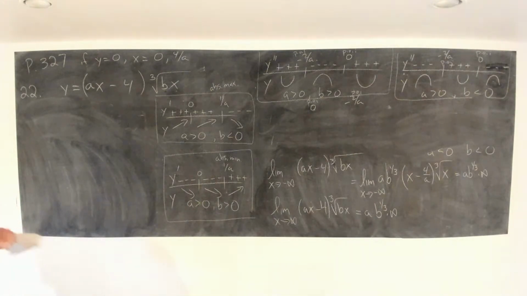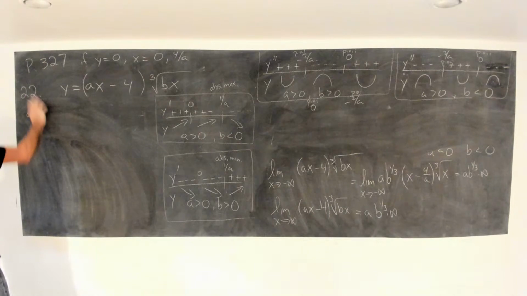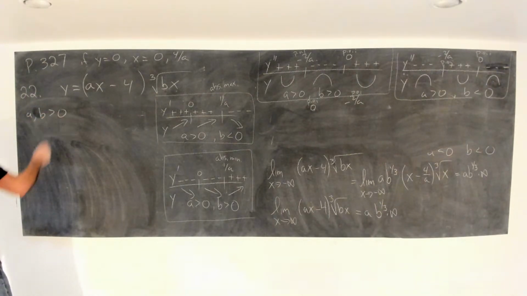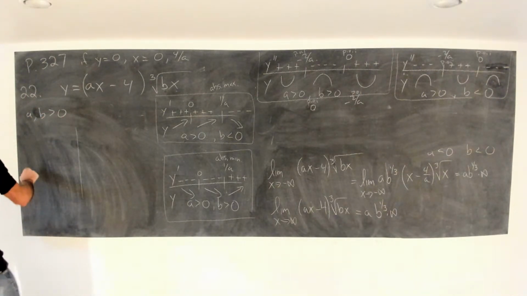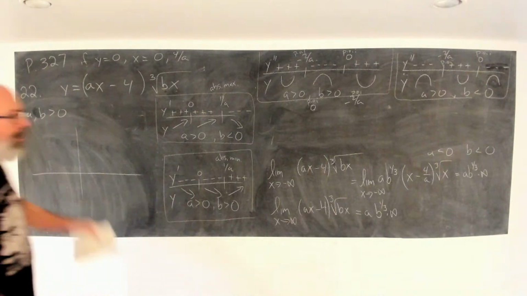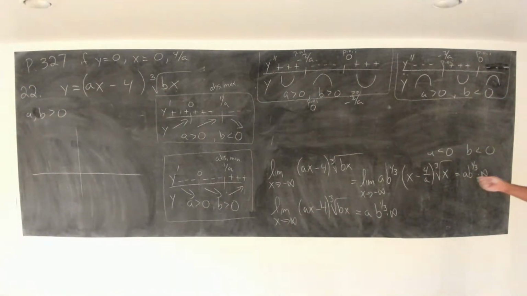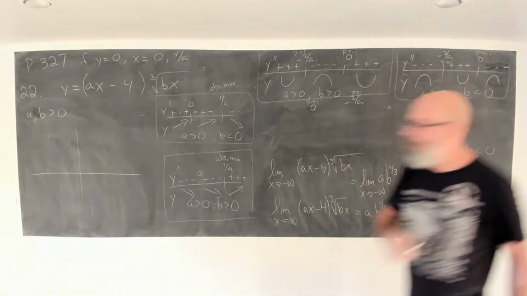Here we go. So if A and B are positive, what does the graph look like? If A and B are positive, this is positive, so the limit as x goes to negative infinity is going to be positive infinity.